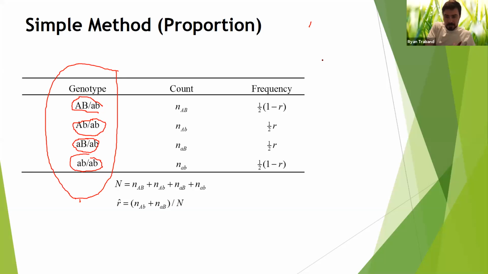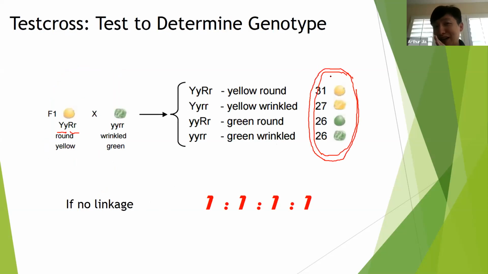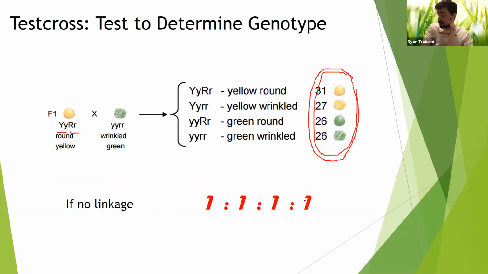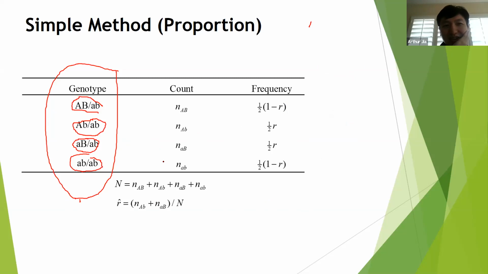It is not different, because in this situation we know these two genes are not linked. That's why you're going to see this distribution, 1 to 1 to 1 to 1. I'm just using A and B instead of Y and R in this case. Yes, that's right. So this is the result.